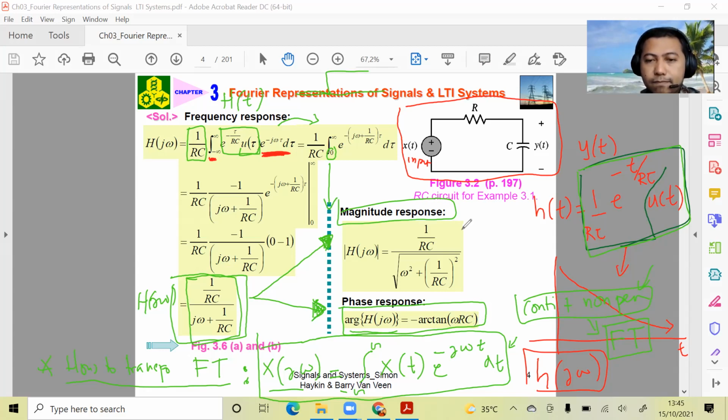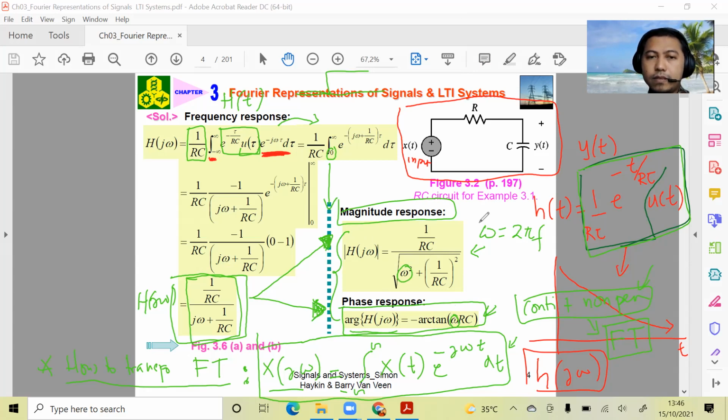If you see these two functions, they are functions of frequency, functions of ω, because ω itself is 2πf.